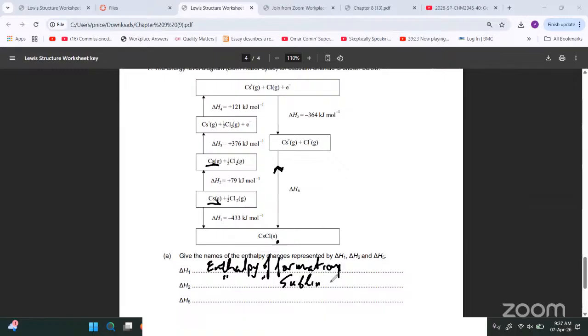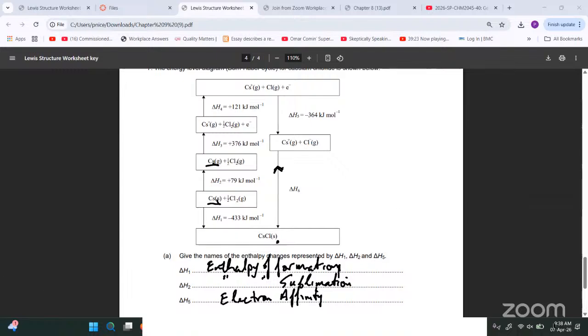Remember, sublimation is what happens when a solid is converted to a gas without going through the liquid state. And then delta H5, where the chlorine gas gains an electron to form the chloride ion, would be electron affinity. So that's basically how we get those terms, and that answers the A part of this question.